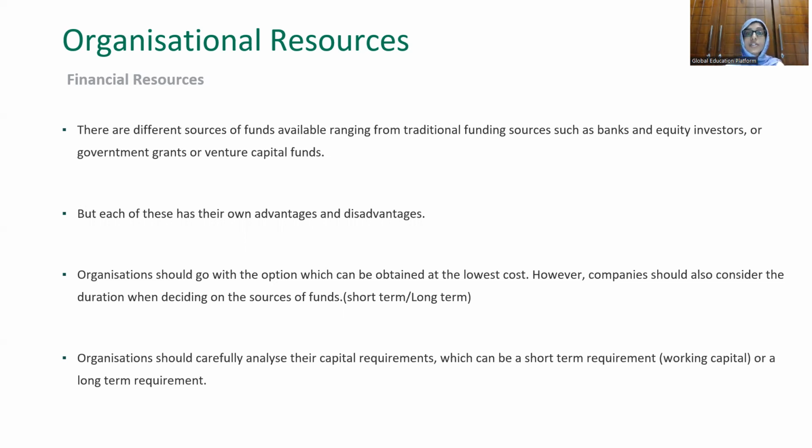But we need to understand that all of these funding methods have their own advantages and disadvantages. So when it comes to an organization or a company, they need to consider the advantages and disadvantages, and then choose a type of resource that is more suitable to the organization.